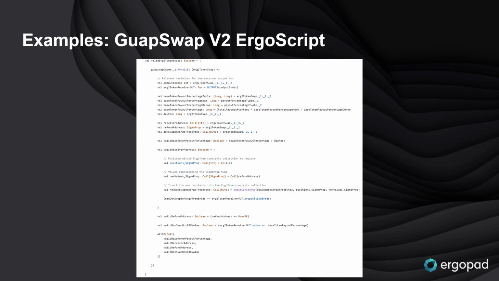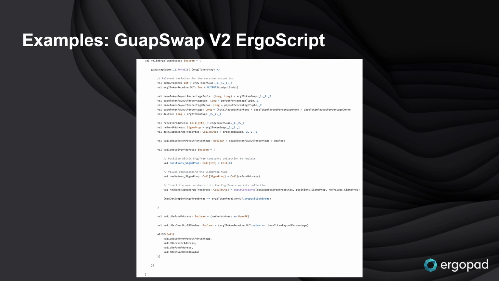In order to do this, we use the substitute constants function. Since we already know ahead of time what the output contract should be, we can insert into the box, as a context extension variable, the bytes of the contract of the output box, and then we can access the constants in that contract itself and swap them for the ones that we want.